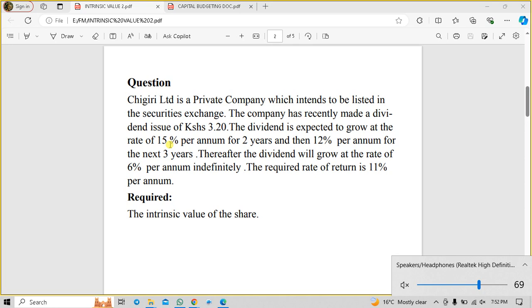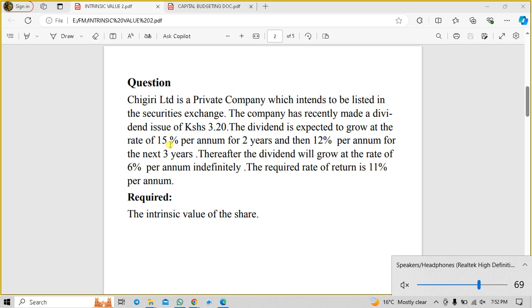So after 5 years, the dividend is going to grow at the rate of 6% per annum indefinitely. Indefinitely means until further notice, or as long as that company exists, or until the company policies change.